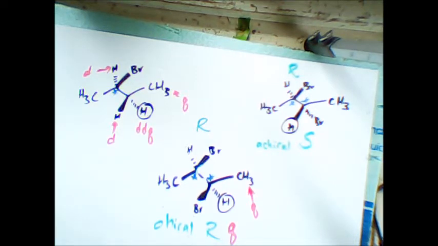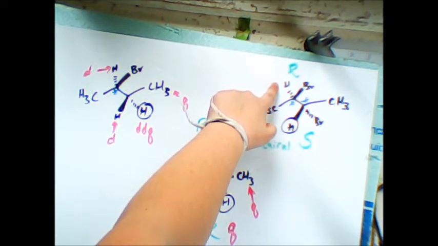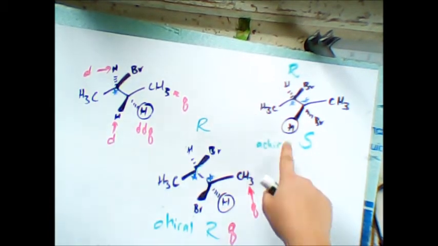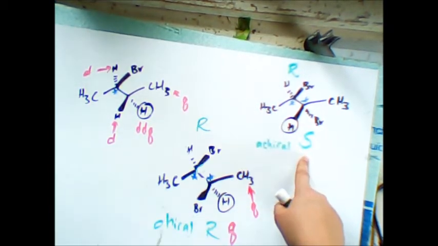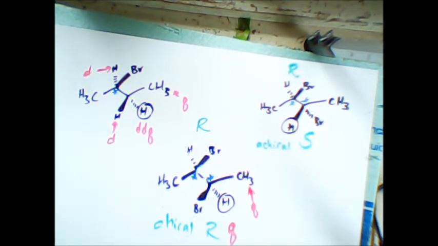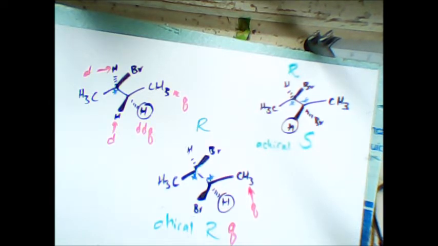Your compounds are now enantiomers, because if you replace this guy, then the compound with the D is R and the compound with the H is S. But if you replace this guy, the compound with the D is S, and the compound with the H is R, which means that they are enantiomers. Which means, of course, that our H's here are enantiotopic.